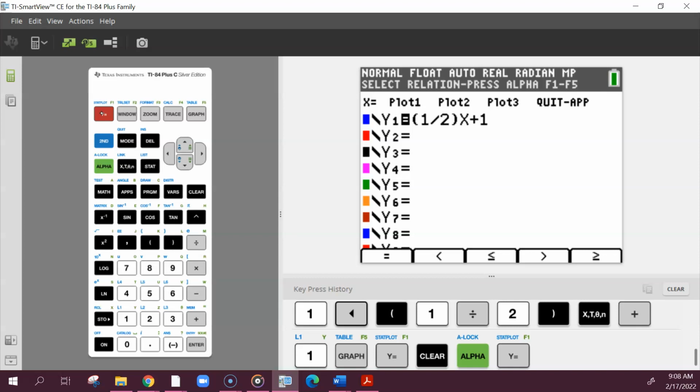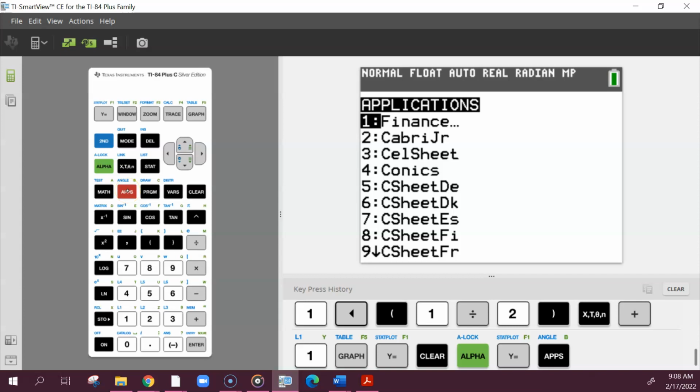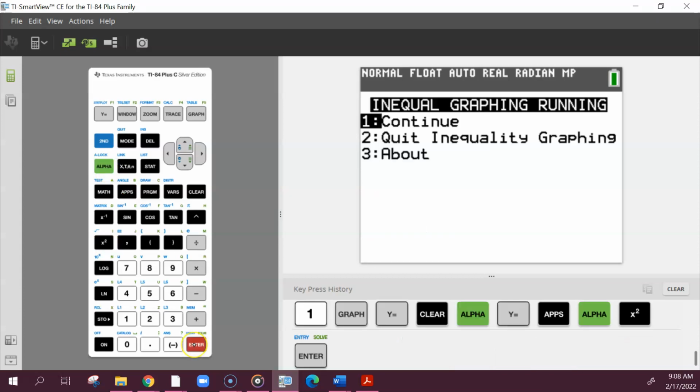But to get your alpha y equals back so you can actually do fractions, go back into apps. So everyone do this. Go back into apps and then I'll answer your question. Go back into your Inequalz. Hit enter and you'll get a menu that looks like this. Wait, what did you do? Go to apps, go back into Inequalz.